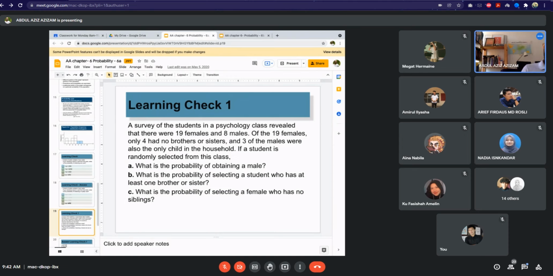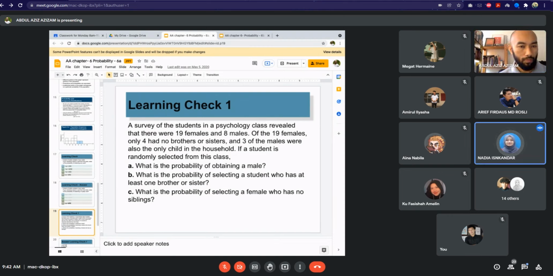Okay, siap semua? Nadia Iskandar, boleh buat? Tengah buat sir. Okay, dapat tak? Dapat tapi tak sure betul ke tak. Berapa dia dapat? Yang A, saya dapat 0.29.